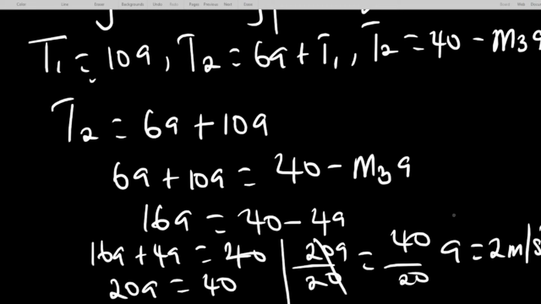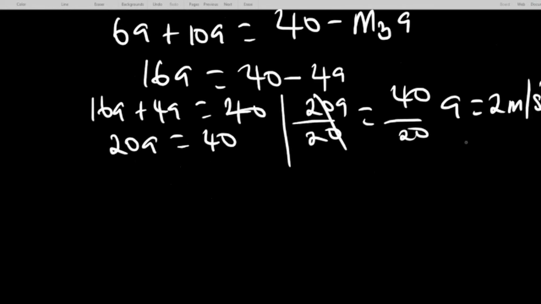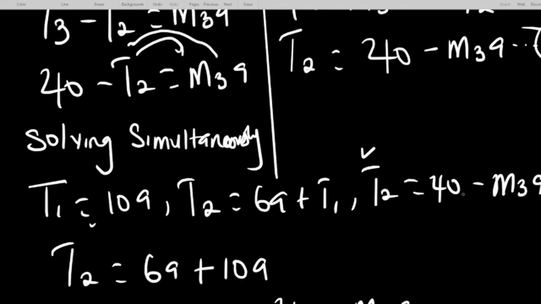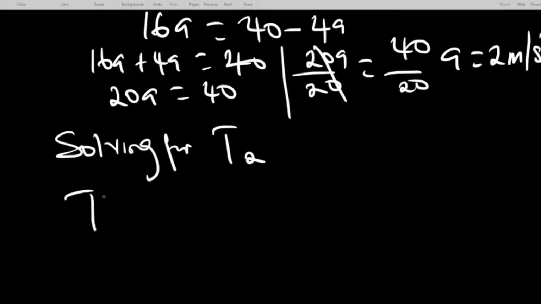And having found the acceleration, we can now go ahead and find our T2. Any of these equations will do. We can use any one that we want. We can use this one here that says that T2 is equal to 6A plus 10A. So solving for T2, we say that T2 is equal to 6A plus 10A.